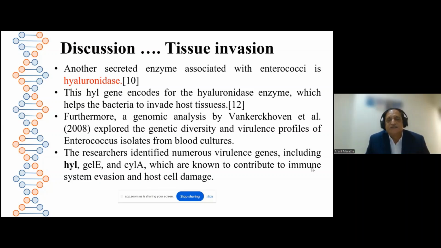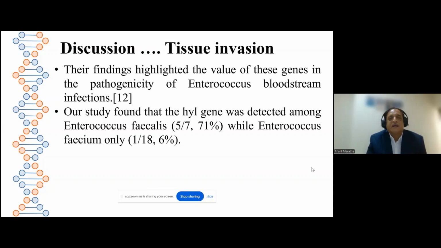Genome analysis by earlier workers explored the genetic diversity and virulence profiles of Enterococcus isolates from blood cultures. The HYL, GEL-E, and CYL-A genes are known to contribute to immune system evasion and host cell damage. Their findings highlighted the value of these genes in the pathogenicity of Enterococcus bloodstream infections.